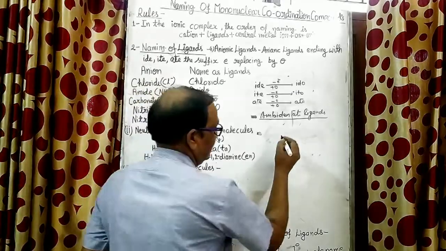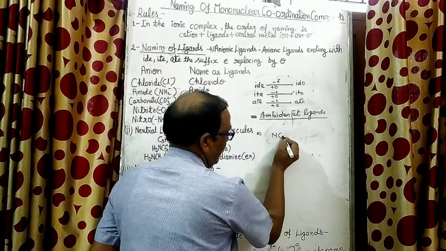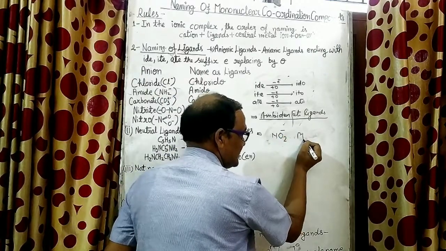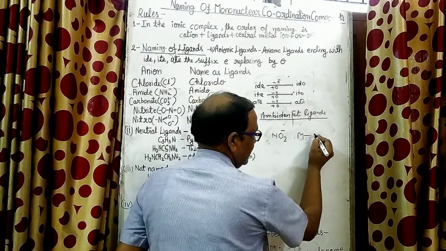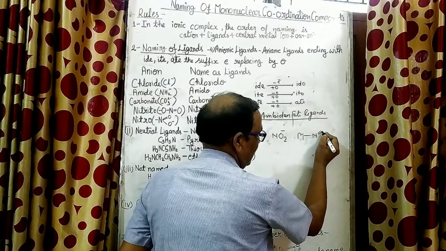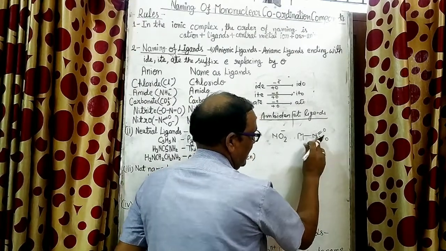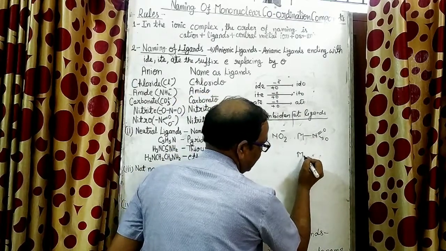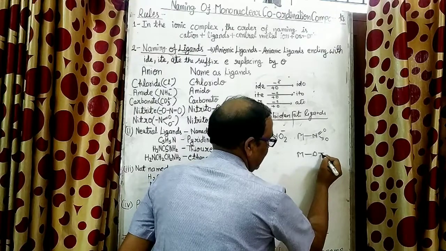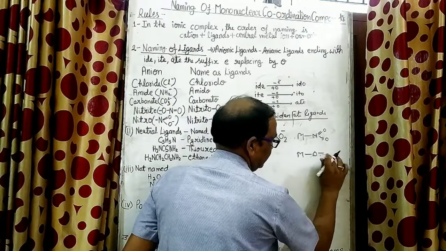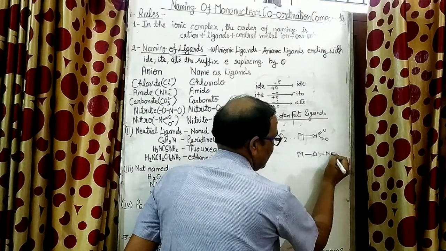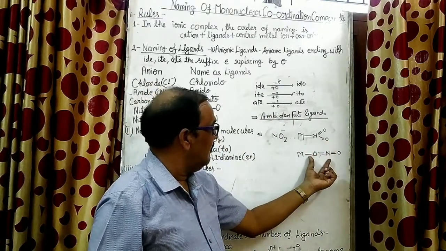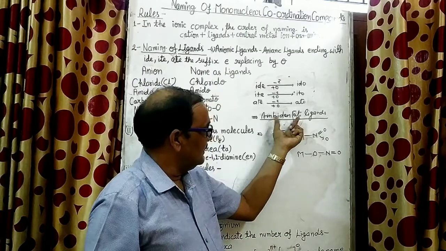For example, NO2 minus, and suppose M is the central metal and it is linked through the nitrogen donor atom, and in the second case it is linked with the oxygen as a donor atom. It means this is a type of ambidentate ligand.